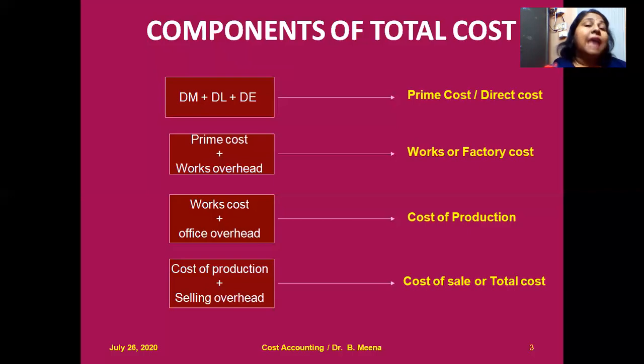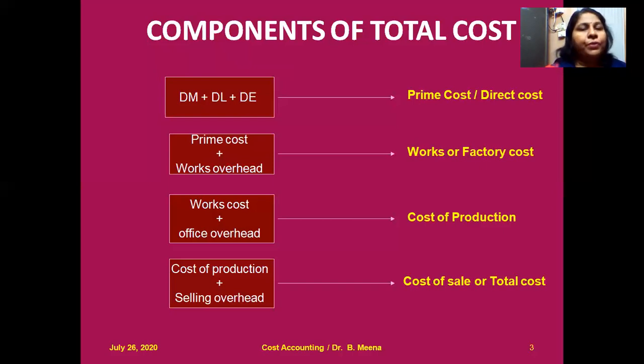Or else, if salary of office manager is given, you should bring this expense under office overheads. In case the problem has salary of sales manager, you can bring the salary of the sales manager under selling and distribution overheads.